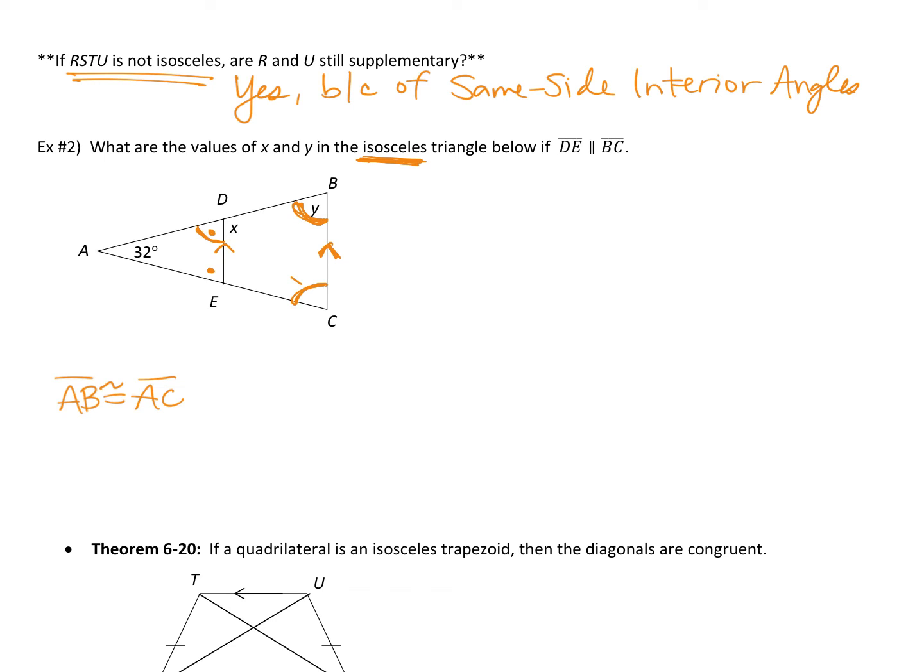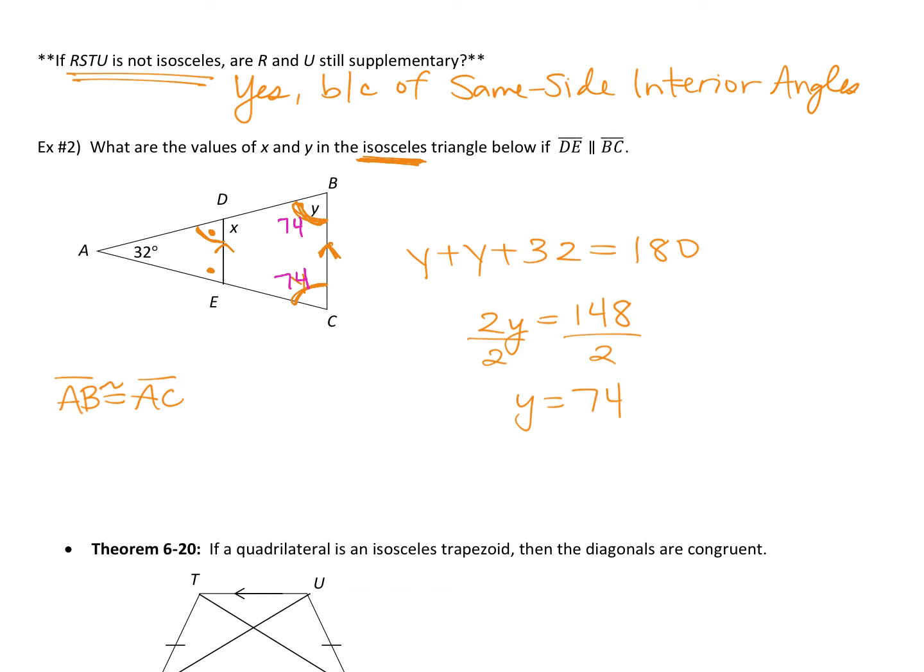So that means this is Y. So basically, this is what Evan did. Y plus Y plus 32 would have to equal 180. So 2Y is 148. Okay, then divide by 2. So Y is 74. Okay, so this is 74. This one's 74 if you want to put it in there.